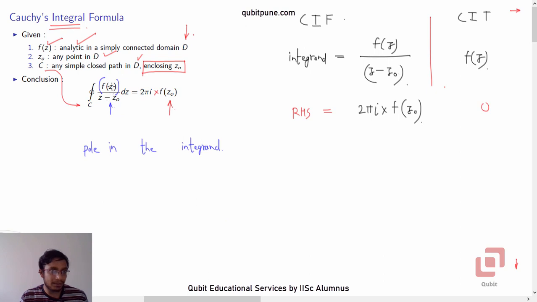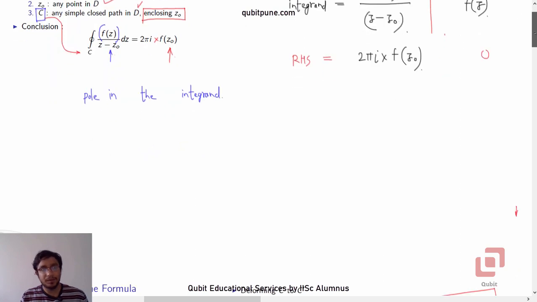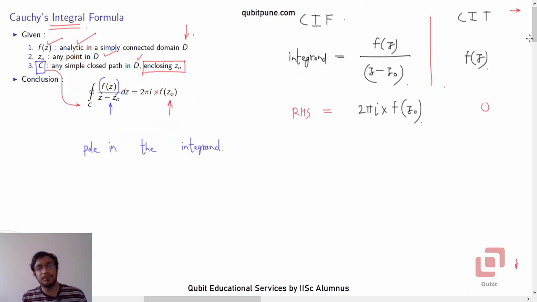In this case the integrand is f of z upon z minus z naught, and the location of z naught is such that it is enclosed by the curve C. Fine. So let us now solve problems based on the Cauchy's integral formula.